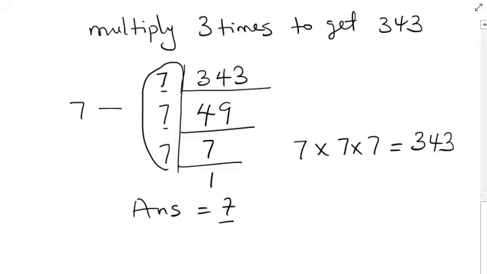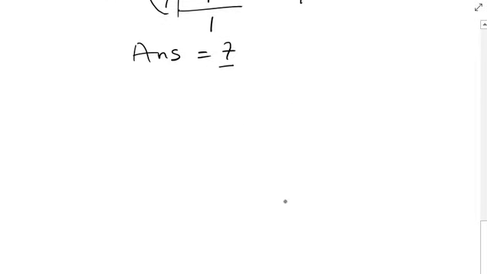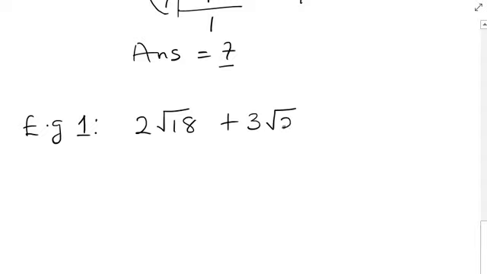Now, let's look at our addition that we talked about. For example, we're given example 1. They said we should simplify 2 root 18 plus 3 root 2.